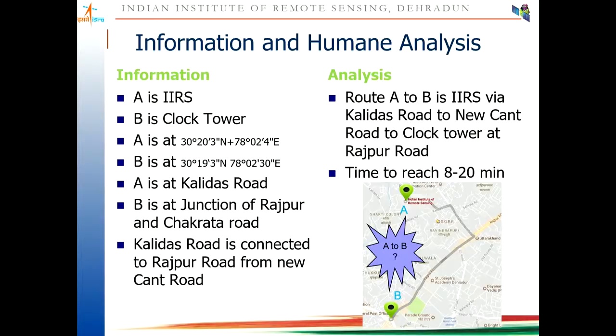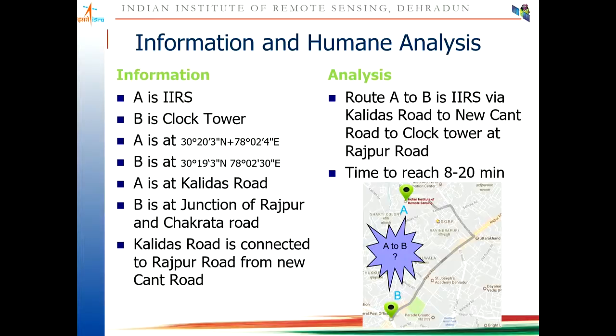The information is that you have a starting point and a location, and based on the experience of the person answering, they will give you an answer like: take a left, a right turn, go straight this many kilometers, and finally you'll reach a main road like Rajpur Road, and then you need to travel a bit.